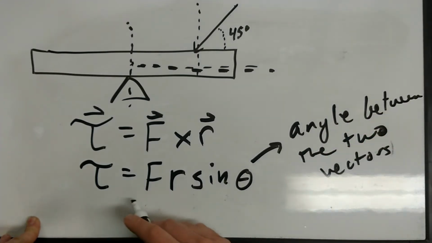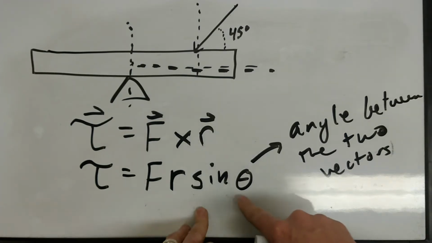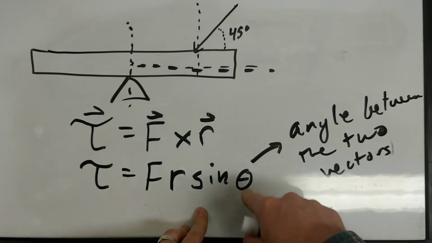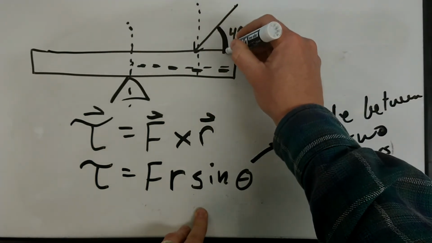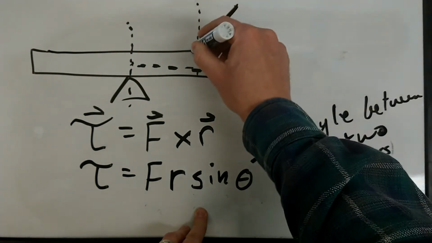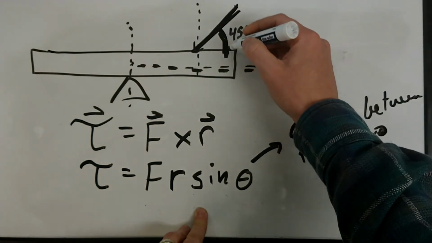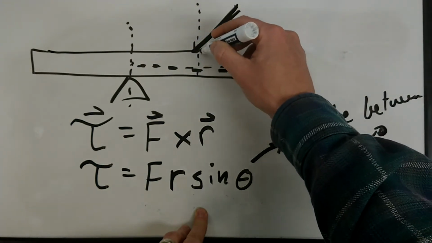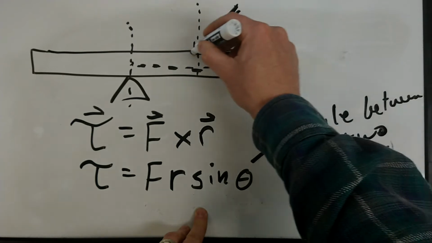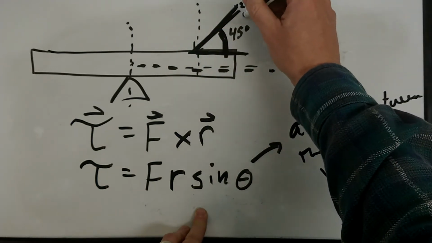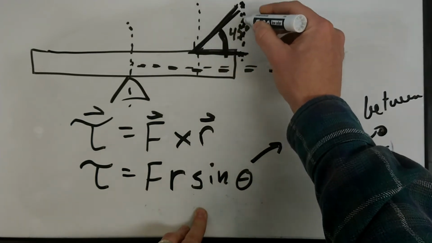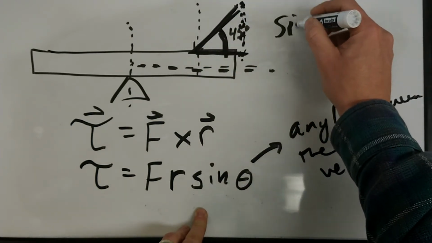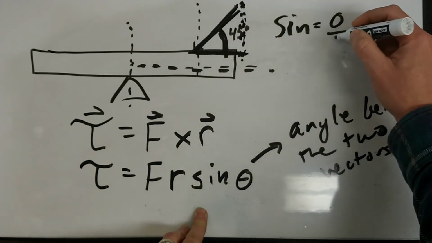So if I want the magnitude of the torque, it's force times radius times the sine of theta. Theta is the angle between the two vectors. So basically it's just this 45 right here. It's the angle between the force vector and the radial axis. And what that is giving us is the component of this vector, because it's sine, right?